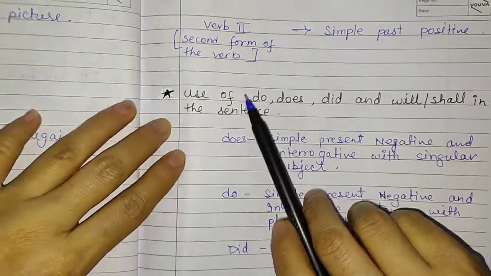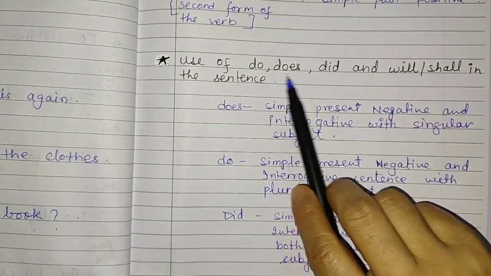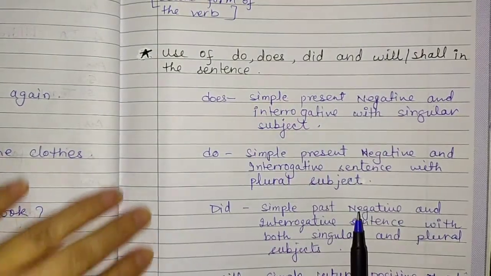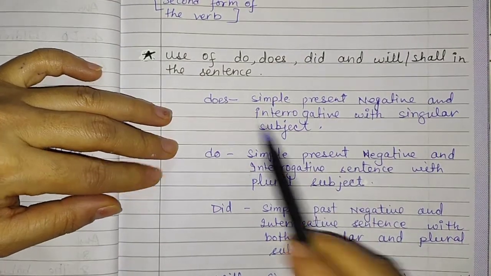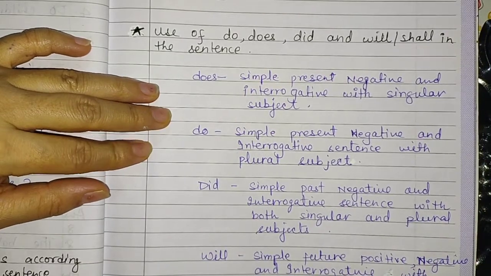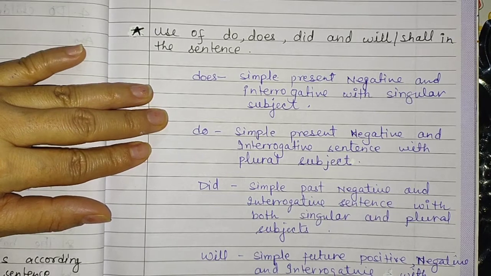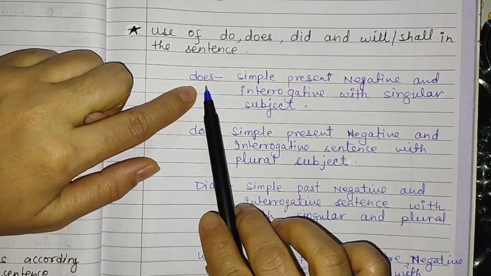Now let's see the use of do, does, did and will, shall in the sentence. I have told you this previously, but I am giving you this note so that you can revise it for your exams, and if you read it again and again, you can recall it easily. The first is does.